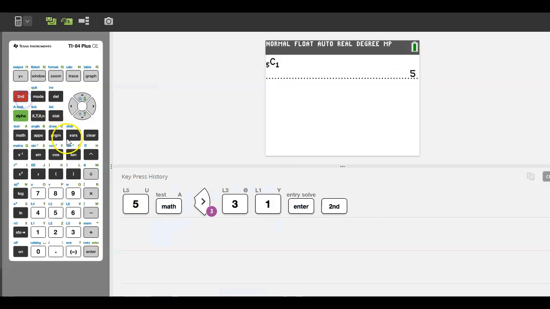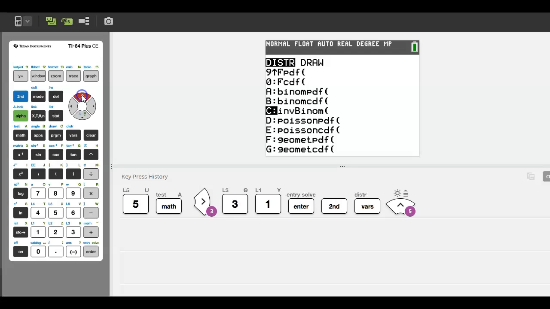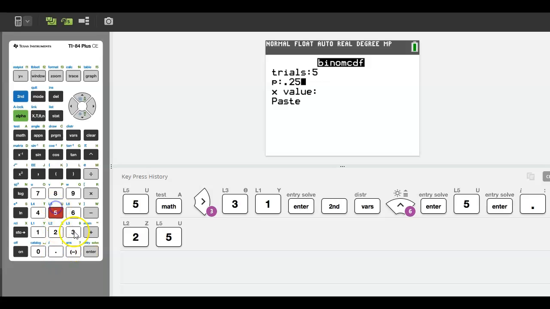So let me see. It's going to be under second bars, and if I hit the up arrow, binomial CDF. Some of your operating systems will offer you even more choices. Depends on what you have. This one does not. So if I type in my number of trials, 5, probability of success is 0.25.